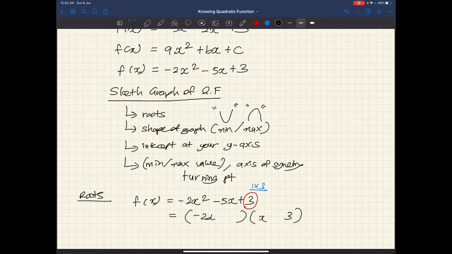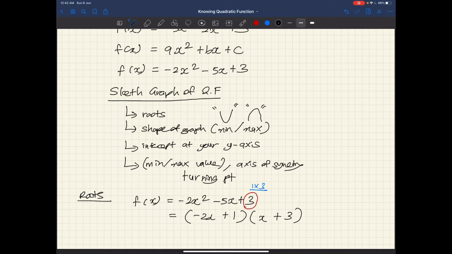The reason why: if you multiply by 2x, you get negative 6x, and then I can just put 1 over here, and this is going to be positive. So when I multiply this, negative 2x times 3, I get negative 6x plus 1x, negative 5x back, and then 1 multiplied by 3, I get my positive 3 back.